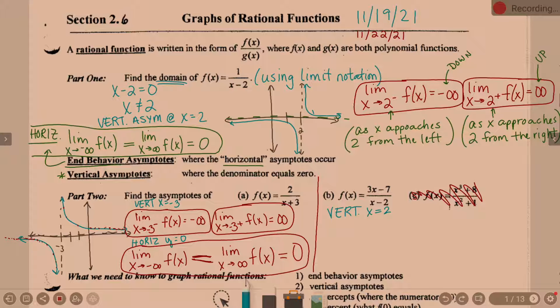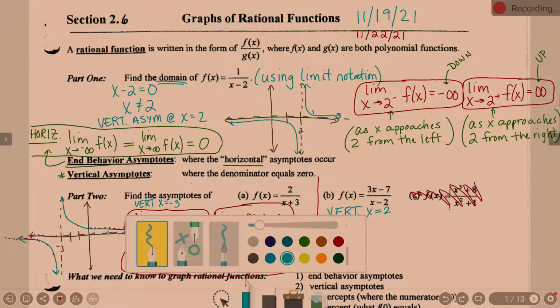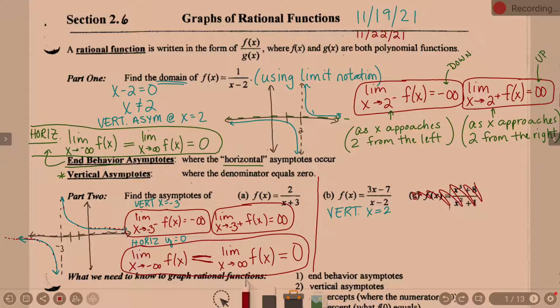If my vertical asymptote is x equals 2, we're going to set up a limit that says the limit as x approaches 2 from the left of f of x, and the limit as x approaches 2 from the right of f of x.